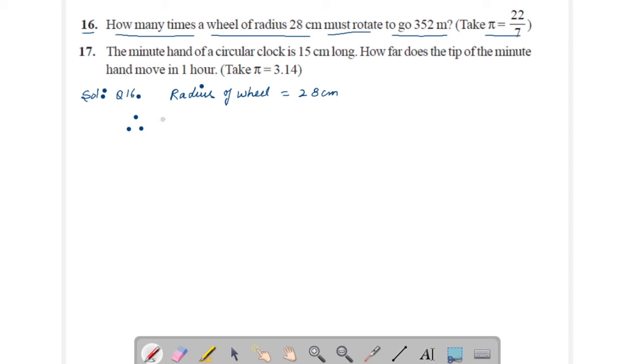Therefore distance covered by wheel in one revolution is equivalent to circumference of circle or wheel.